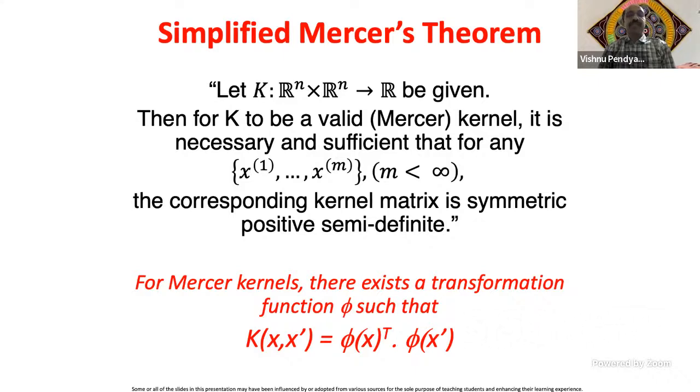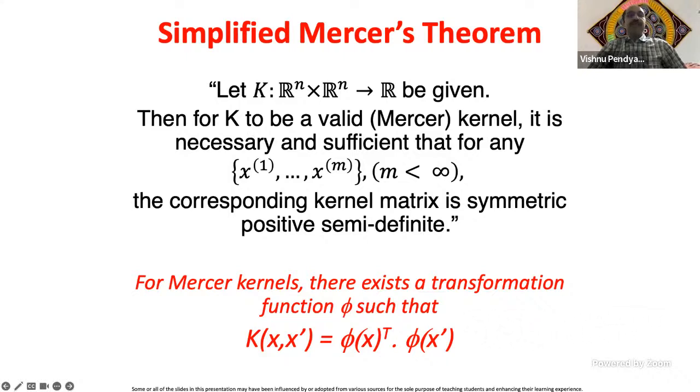R power n is basically a vector, and so the domain is the product of two vectors, inner product of two vectors, and it maps to a real number. So k is a kernel function which maps inner product of two vectors to a real number. That's what this first thing means. So let k be given to us.